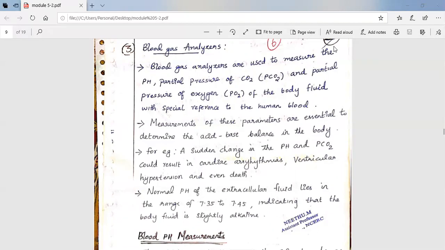For this, pH, partial pressure of carbon dioxide, and partial pressure of oxygen should be maintained, or the sudden change in the pH and PCO2 will result in ventricular hypertension, cardiac arrhythmia, and it will even cause death. So maintaining the partial pressure of carbon dioxide, partial pressure of oxygen, and the pH is very important. For this purpose, we are using a blood gas analyzer.